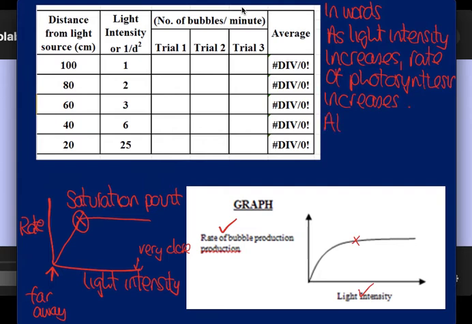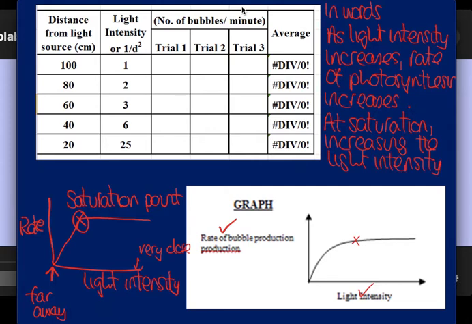And once you get to that saturation point, so at saturation, increasing the light intensity has no impact on the rate. So it just levels off. Okay, so that's going into page 217. That is the graph shape over here, and this is the explanation over here.